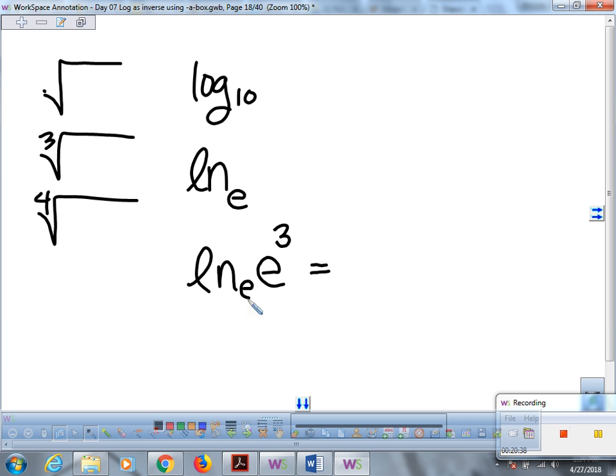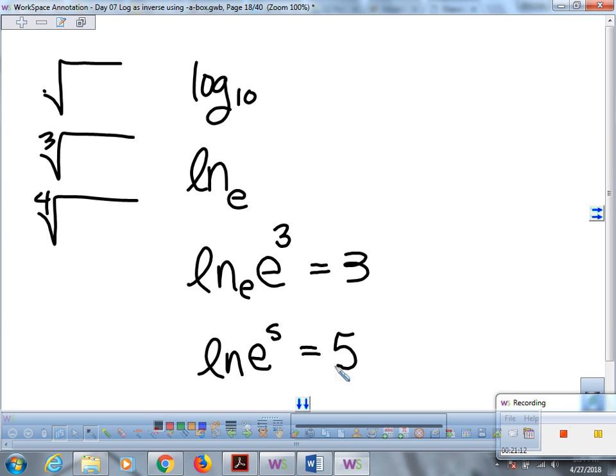What exponent do I need to get e cubed? 3. Because e to the 3 is e to the 3. Make sense? So if I give you ln e to the 5, what exponent do I need to get e to the 5?